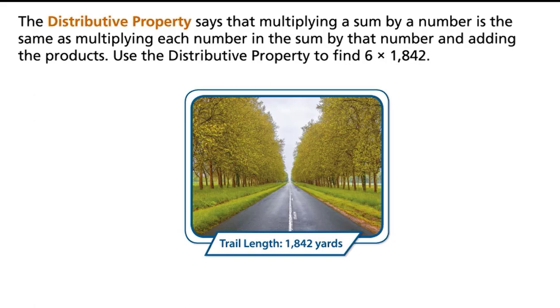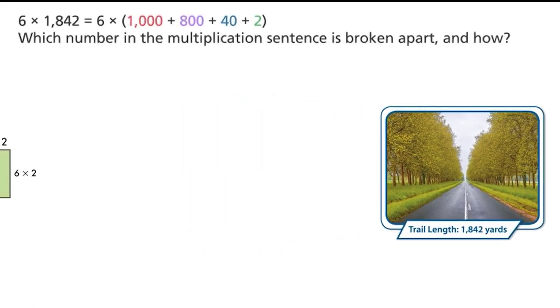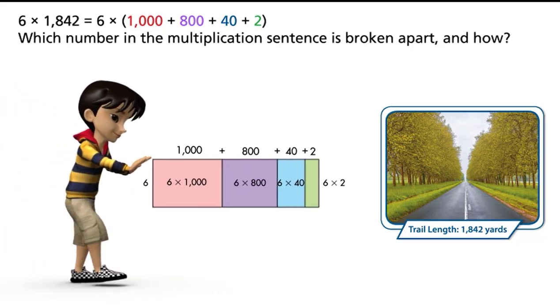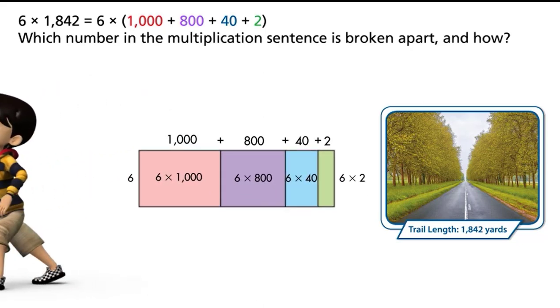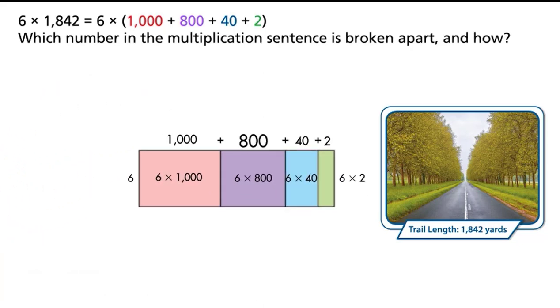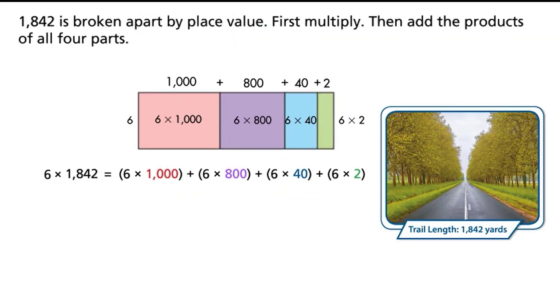Use the distributive property to find 6 times 1,842. 6 times 1,842 equals 6 times 1,000 plus 800 plus 40 plus 2. Which number in the multiplication sentence is broken apart, and how? 1,842 is broken apart by place value.